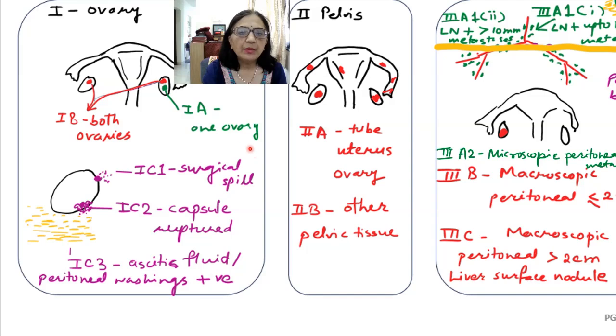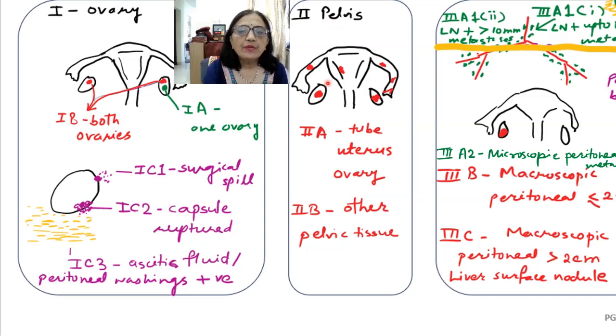We need to remember that if there is no evidence of extra-ovarian metastasis, no spread to the uterus or fallopian tube, and not even microscopic spread to the peritoneum or lymph nodes, and there are no metastases anywhere else, then it is still stage 1. Though it is stage 1C3, the prognosis is good in spite of ascitic fluid showing malignant cells. This is an important concept I want all of you to remember.